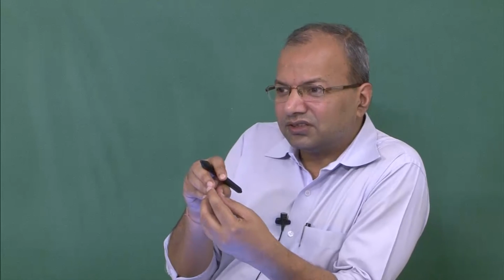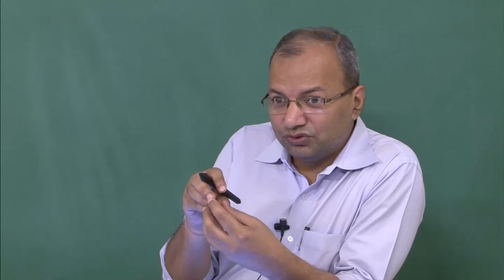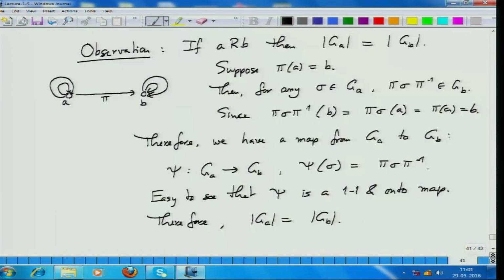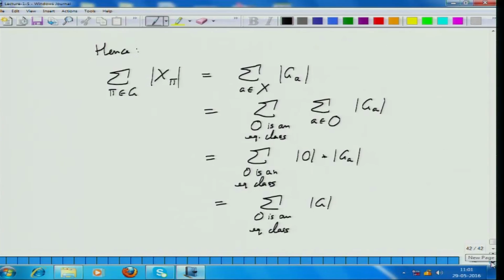Each of these equivalence classes corresponds to one element here. GA is here as a subgroup. So if you look at G and quotient it with GA, you will get exactly the number of distinct elements in an equivalence class. And I'll leave you to prove this. It is not difficult, just need to observe that.